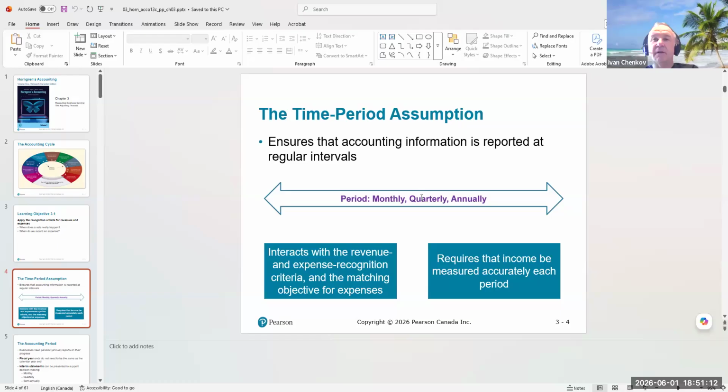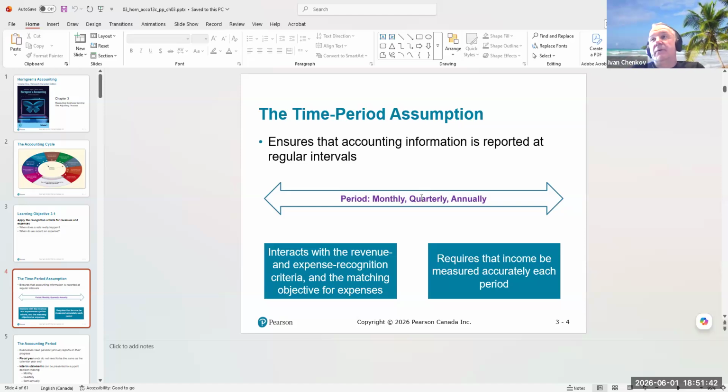So again, we have recognition of the revenue and expense, and realization, when the cash is actually transferred from one hand to another. It could be a bank transfer, a simple exchange of cash, or an e-transfer. That's not so important. What's important is that the money is exchanged from one account to another, or from one hand to another.